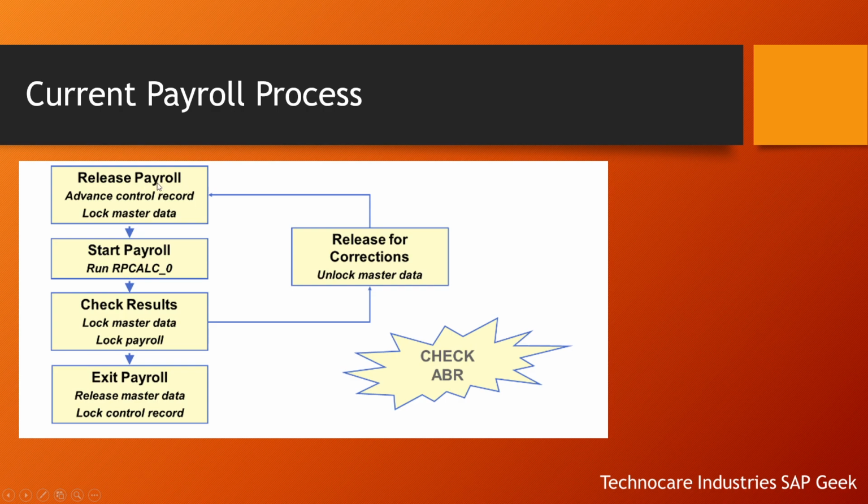So if the control record is in any other mode, let's say it is on check results, or it is on exit, or it is on corrections, it will give an error stating that the control record is not released for payroll. Okay, so again this logic is very important. It ensures that while productive results are being created for payroll, there are no master data changes happening in the background.